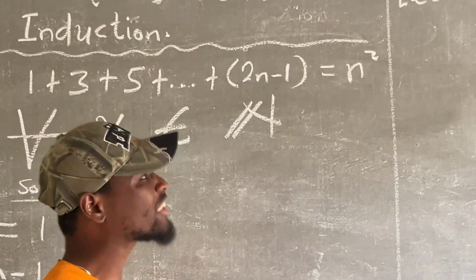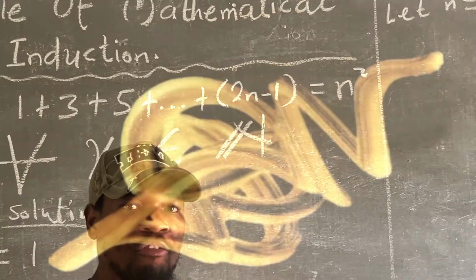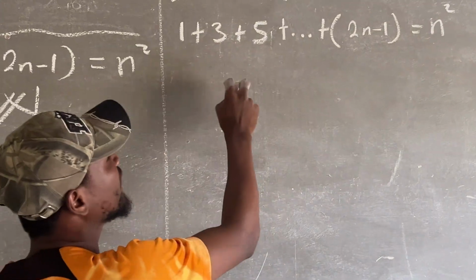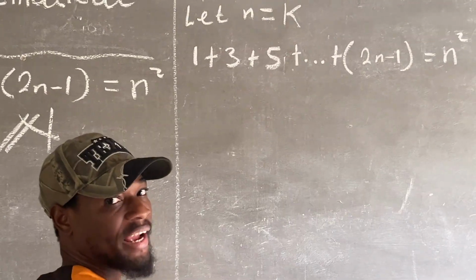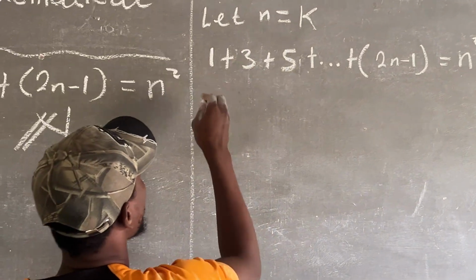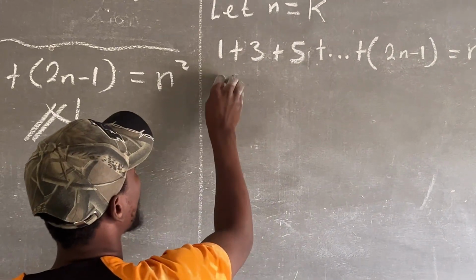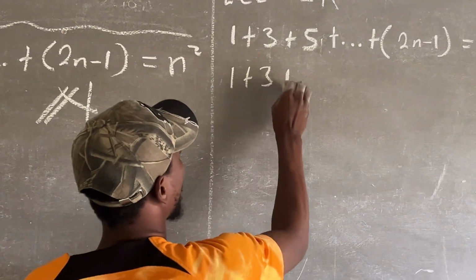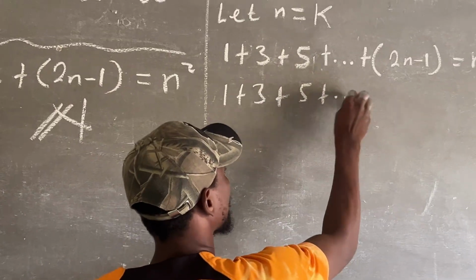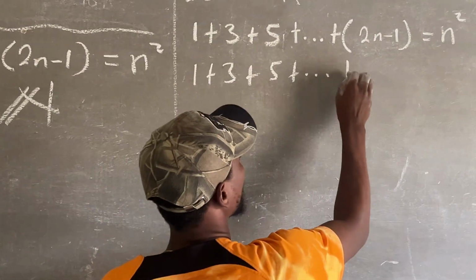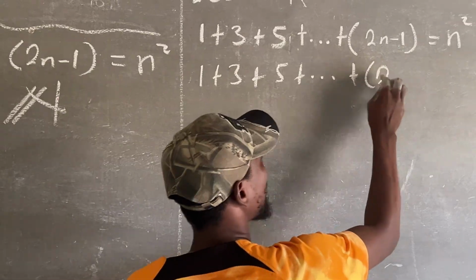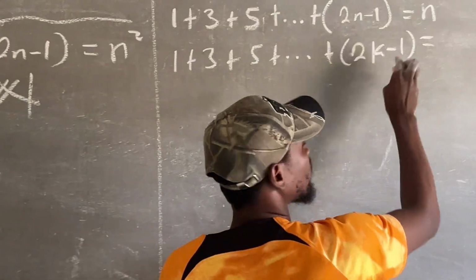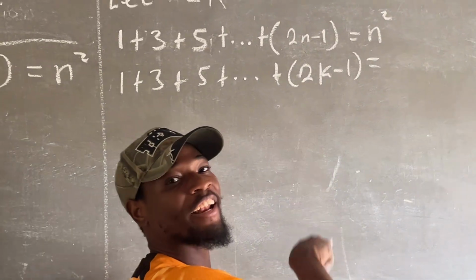So viewers, permit me to just copy and paste everything. Now wherever I see n, I'll put k. So if n is equal to k, we have 1 plus 3 plus 5, then plus some number of terms, then plus 2k minus 1, which is equal to k squared, since n has been squared.